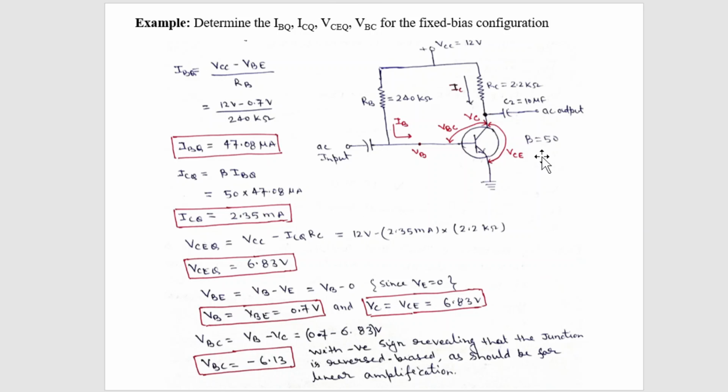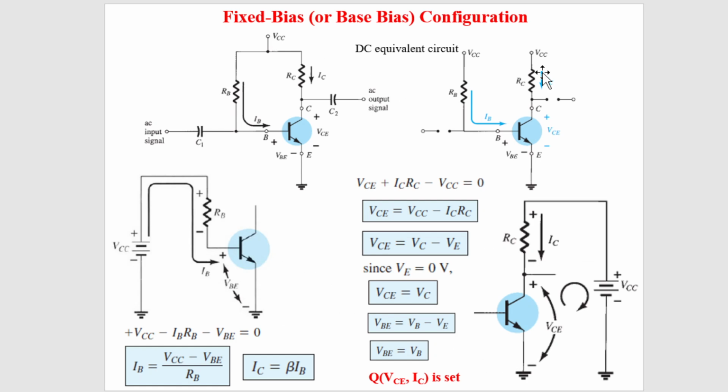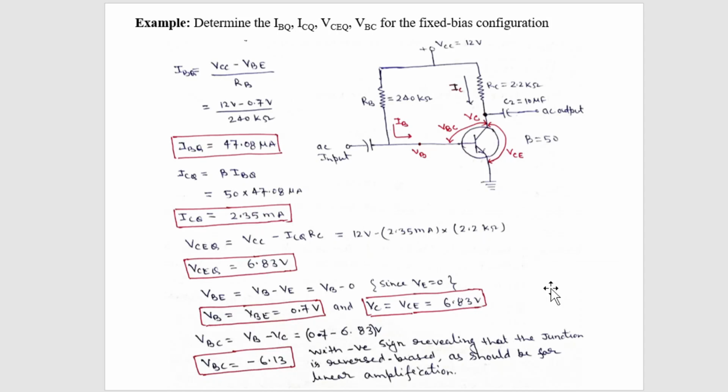In order to do that, you have to apply Kirchhoff voltage law in the collector emitter loop, as I have explained in the theory part. You can draw this diagram separately, or even without drawing, you can apply Kirchhoff voltage law. Let us assume collector current IC is flowing, so IC RC plus VCE minus VCC equal to 0.